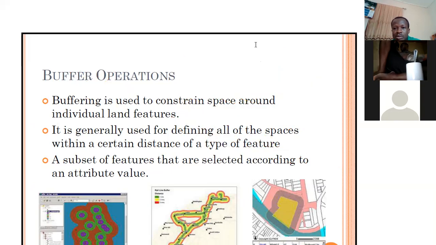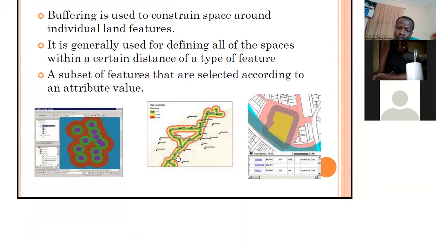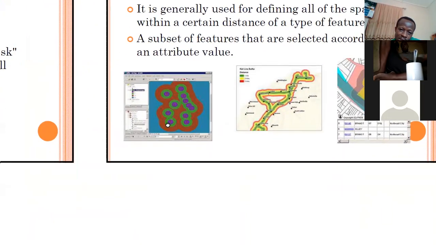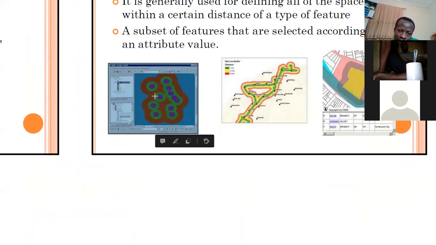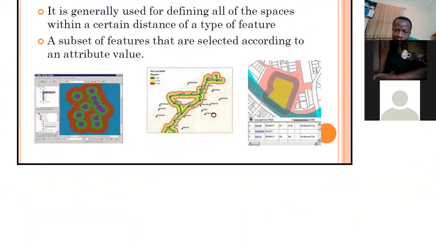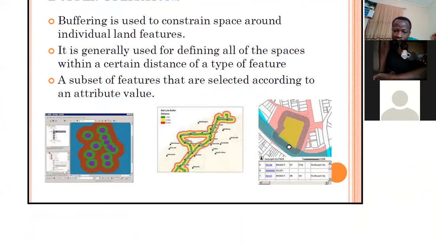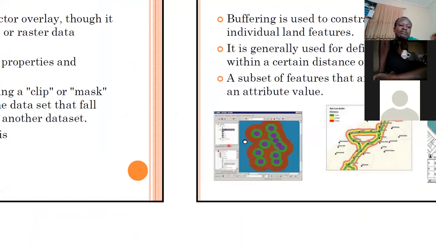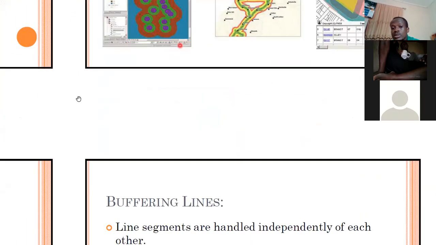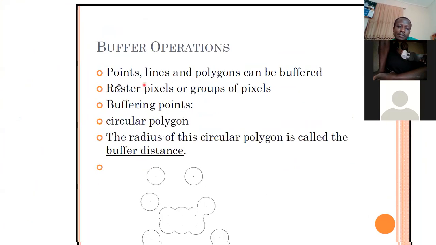All right, so let me just take this off for a moment. Down here, you can see that's a point buffer. We have a point buffer here, a linear buffer here, and then here a polygon buffer. The final output of buffering is always some kind of polygon.